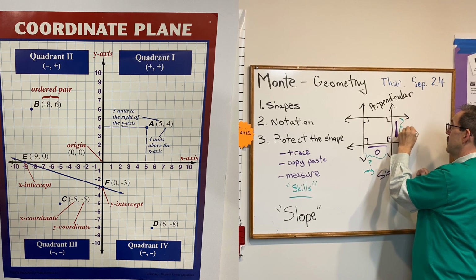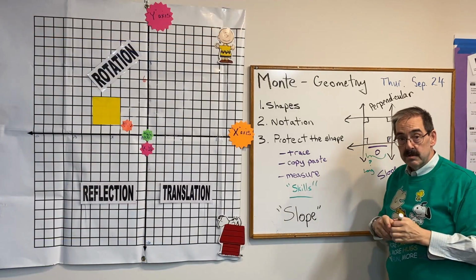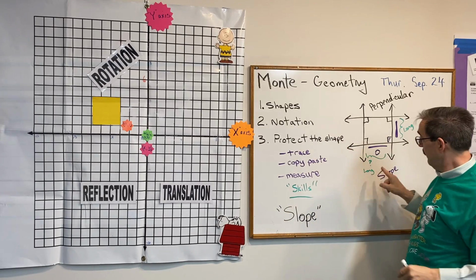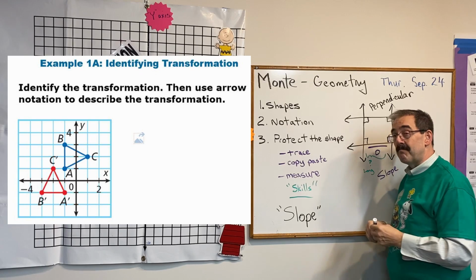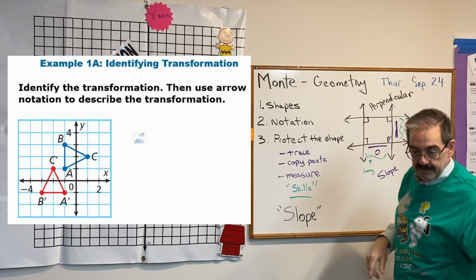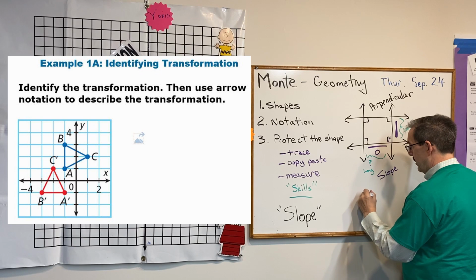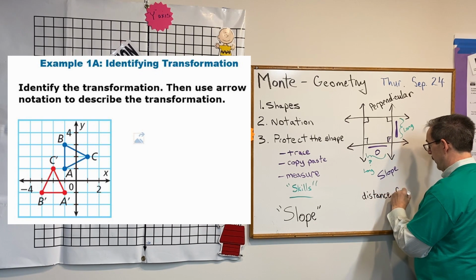Okay, so we've got rulers, maps, right? Scale factor. We have all sorts of tools, but we're going to have some math to go with that. And that math is called the distance formula. Okay?